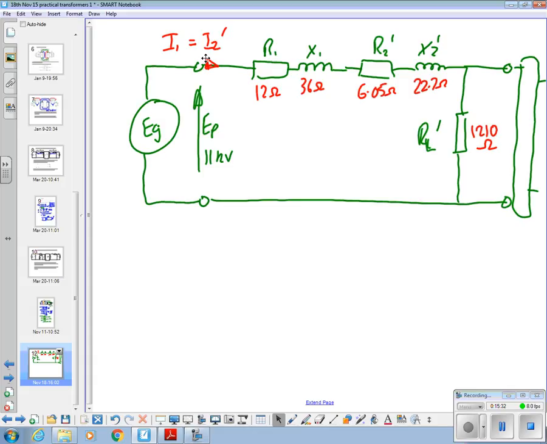So what is the first thing we need to do to find that current flowing? We know the nominal S is 100 kVA, but that's not going to help us. In theory we could get it from that, but in loaded practice we have to take into account losses.